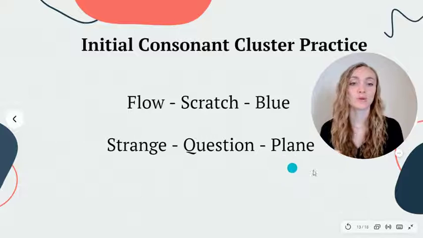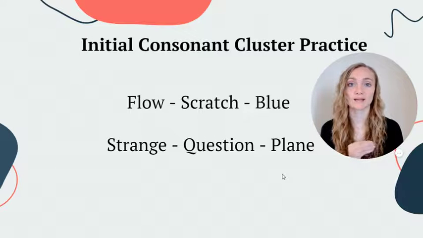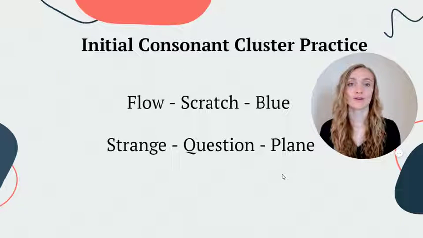And then plain, plain. So not plain, but plain. Okay, great job. So we have flow, scratch, blue, strange, question, plain. And make sure that as we go through these videos that you're repeating everything with me, okay? It's really important that you're practicing throughout these videos with me as well to compare.